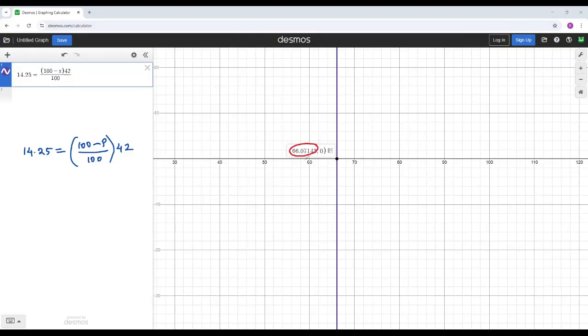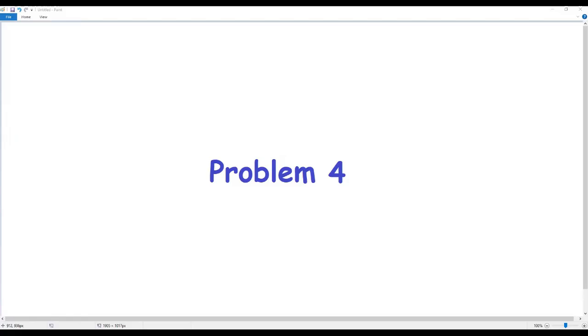Actually, we have taken x instead of p, so we can consider this one as the value for p. But according to the instruction, we have to round this value to the nearest hundredth. When I round this value to the nearest hundredth, I am getting 66.07. Therefore, the value of P is about 66.07.